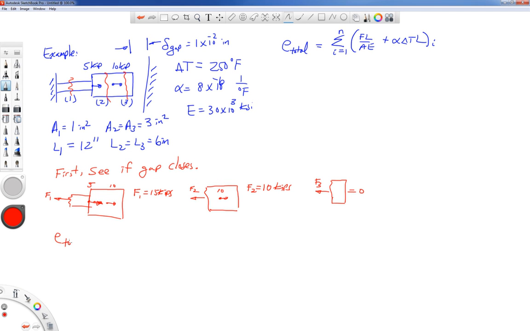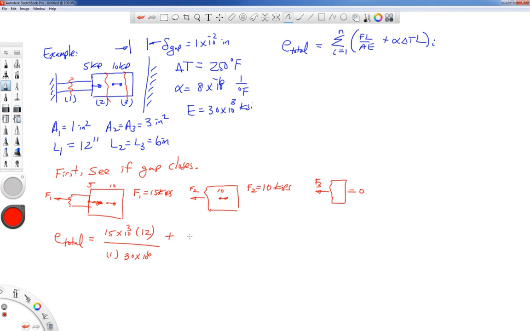So the total deformation is going to be equal to, let's see, F1 L1 over A1 and E. E is the same. Got everything now in pounds and inches.